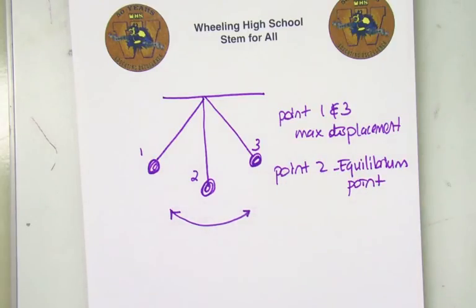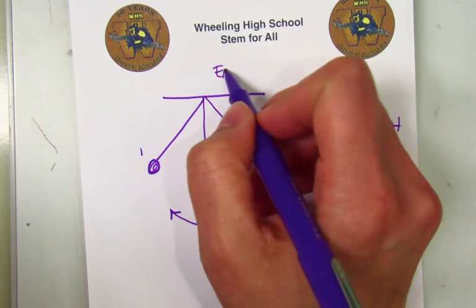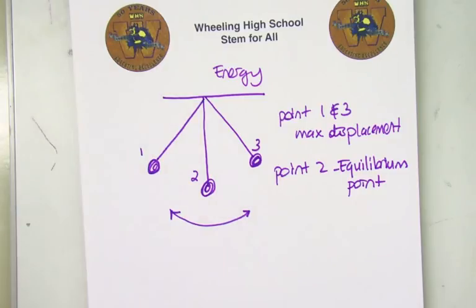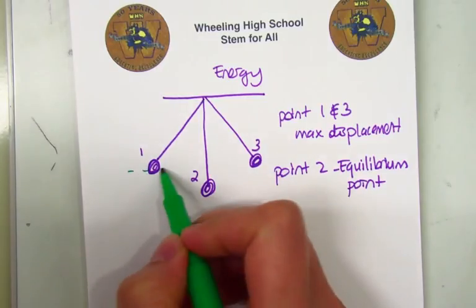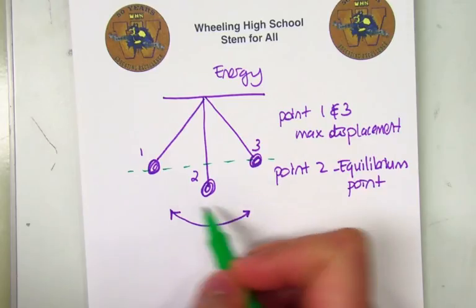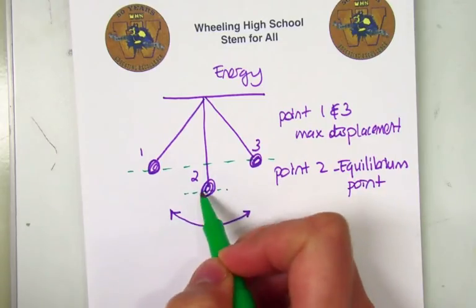Now, the next thing we can talk about is energy at those points. So let's label each point. This 1 and 3 is the maximum displacement, and 2 is the equilibrium point.